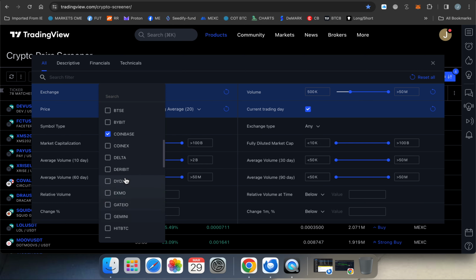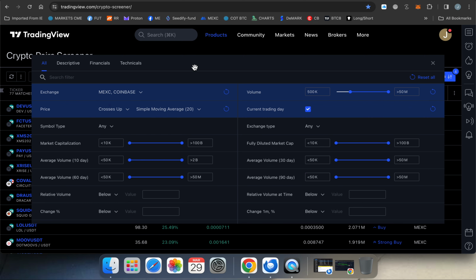I have seen some things that are traded on Coinbase that MEXC doesn't have. So, I definitely trade mostly on the MEXC, but for now. So what I want is right here on your price action, you got price action crosses up.